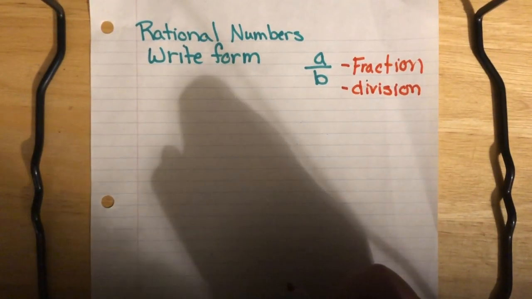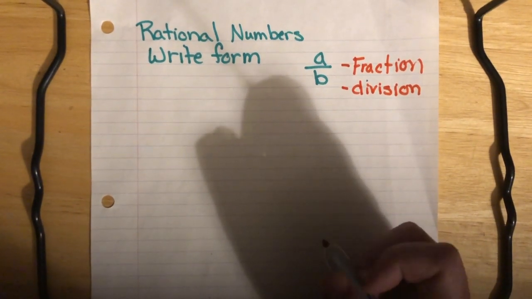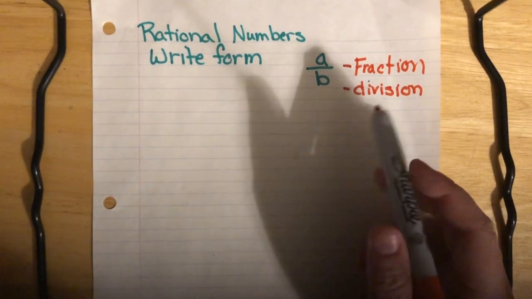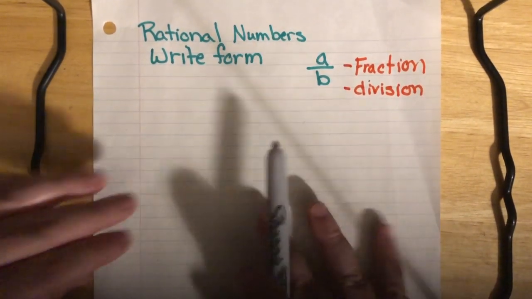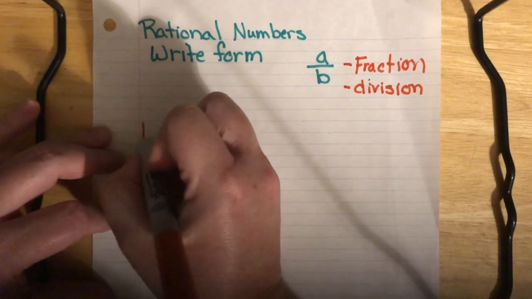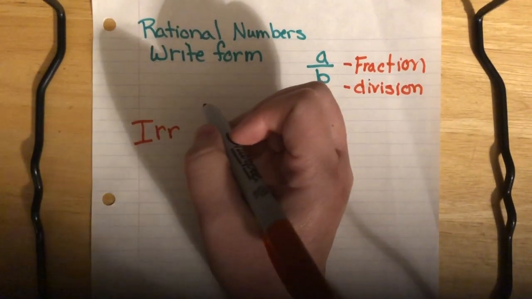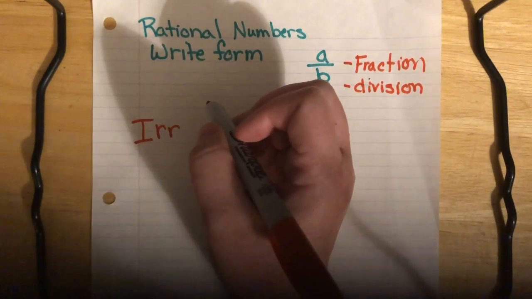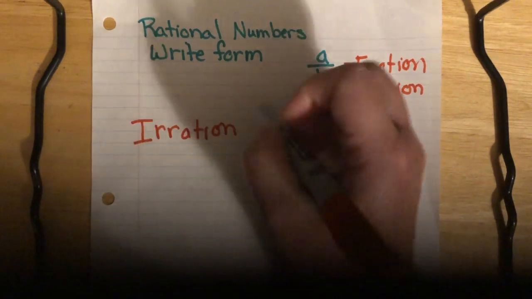When dealing with rational numbers, it's any number that you can write as A over B. I'm going to go to irrational numbers next, because for you to understand what a rational number is, it's easier to see what an irrational number is.